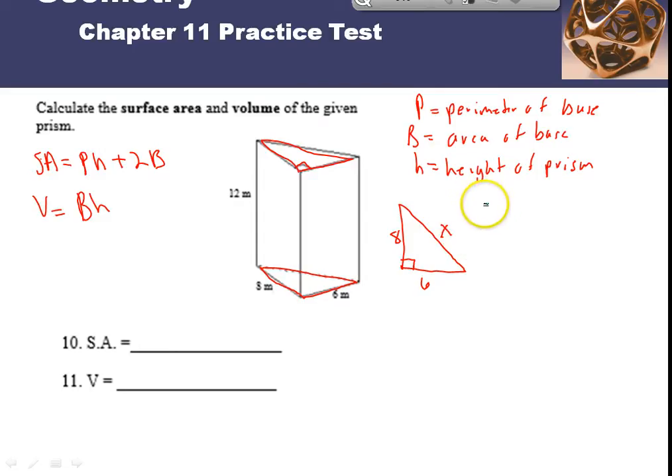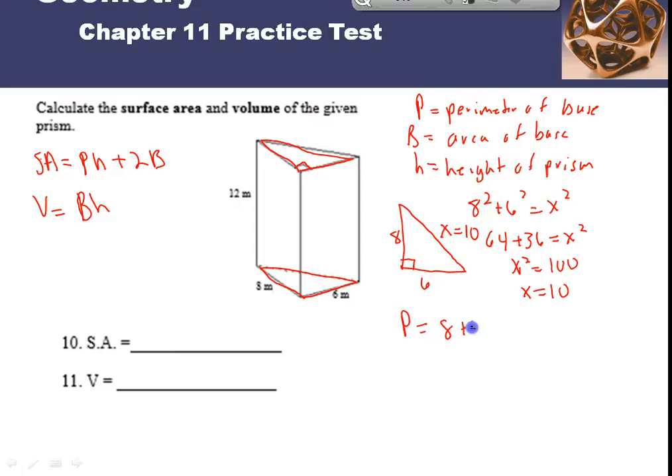Now if you know it's a triple, then you already know that it's 10, but here's how I do it. I get 64 plus 36, so I get x squared equals 100, so x would equal 10. So now I know that this is 10. So my perimeter is 8 plus 6 plus 10, which is 24.